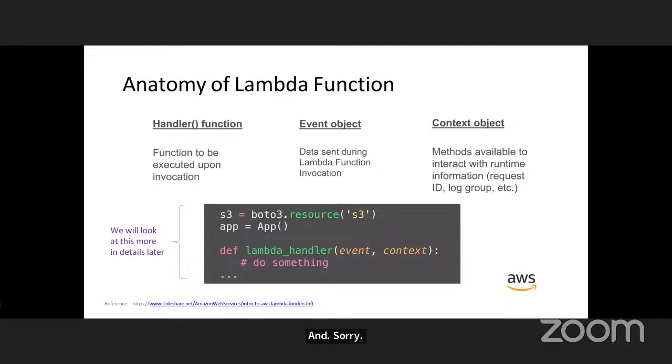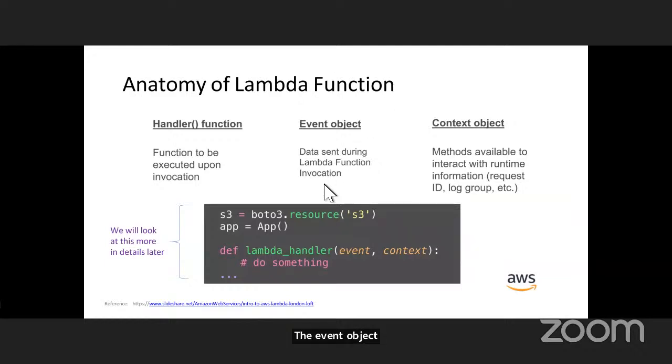Let's break down the structure of a Lambda function. First, of course, is the function itself, the handler function. This is the entry point of your Lambda function, just like the main function in Python or Java. The handler function has two key parameters: the event object and the context object.